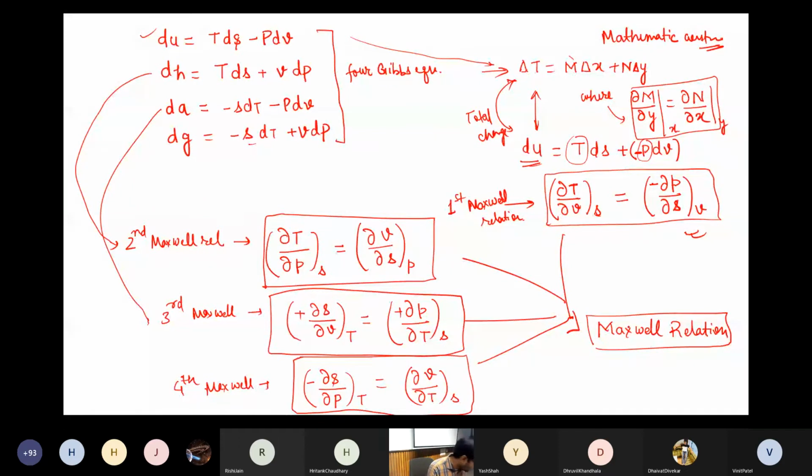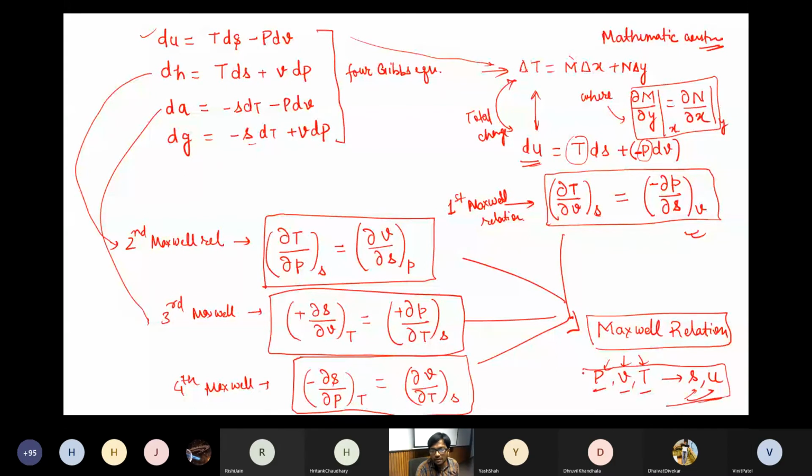And now this actually relates your pressure, specific volume, and temperature with that of entropy and internal energy. So if you have the slopes of change, maybe of pressure, volume, or temperature, or the given data are P, V, and T, you can actually deduce your entropy and internal energies.